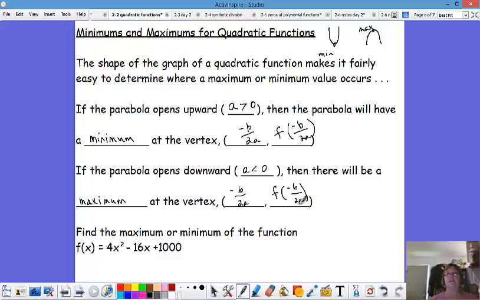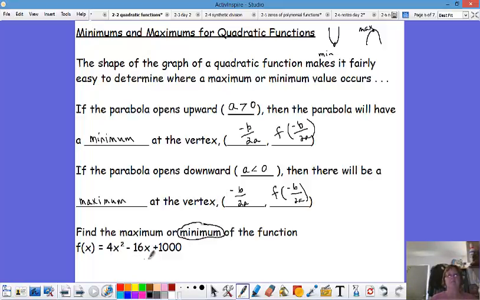And then it asks us to find the max or min for this function. I'd ask you first of all, will it be a max or min? And I'm hoping that to answer that question, you're looking at the leading coefficient that is positive, so we must have a minimum here. This is a parabola that's opening upward, so minimum at the bottom.